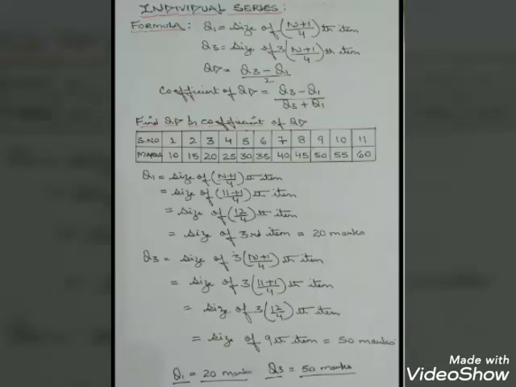Now check the 9th item. The marks of the 9th item are 50. So children, your Q3 is 50. Now you have got Q1 and Q3.